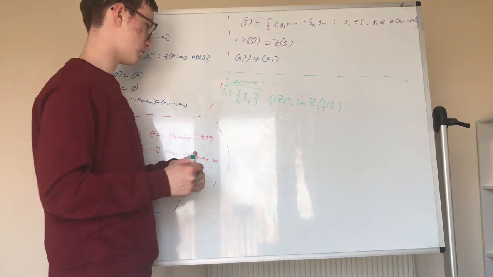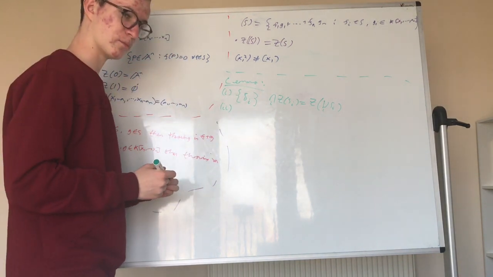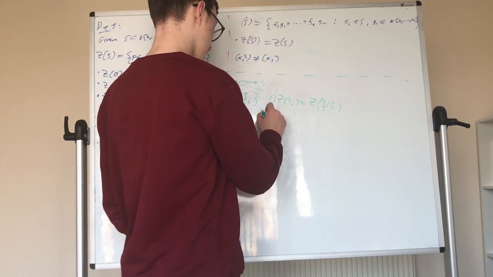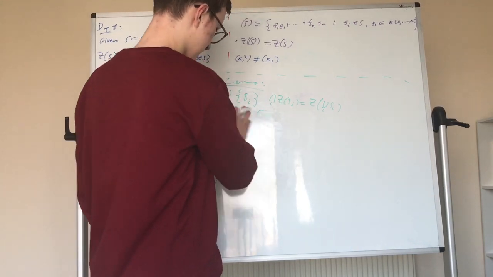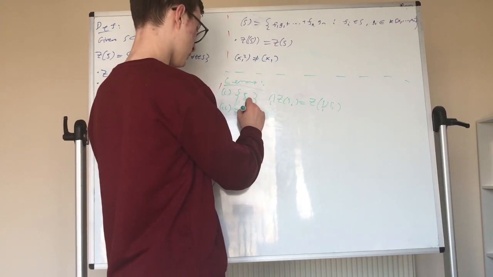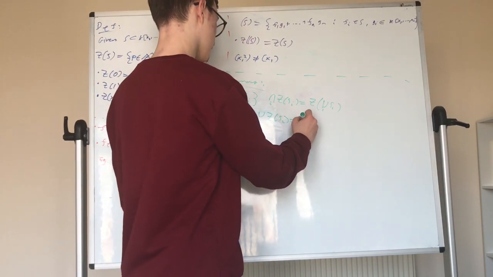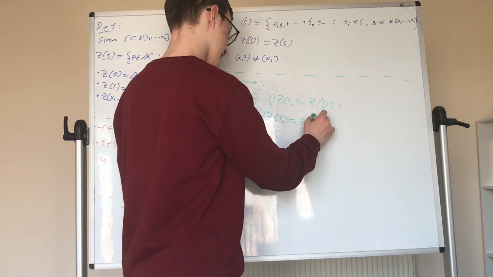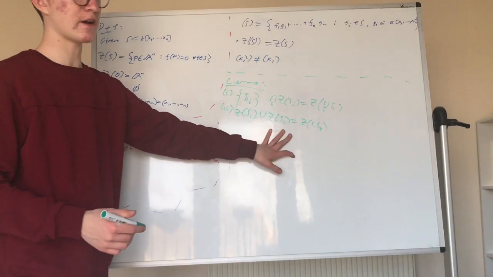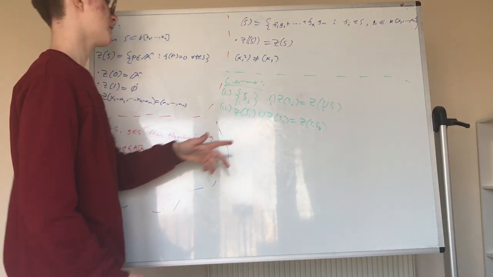And the second part of this lemma is, okay, if we have S1 and S2, then Z of S1 union Z of S2 is equal to Z of S1 times S2. Okay, so finite unions are closed.